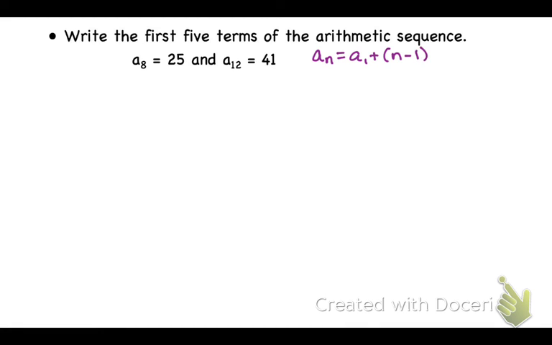I'm going to write my definition first so I don't forget it. So A sub 1 is what? It's 25. Okay, so that makes A sub what? 41 is A sub 5. We have to move it back 7.